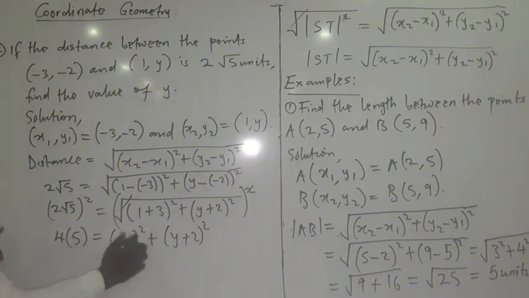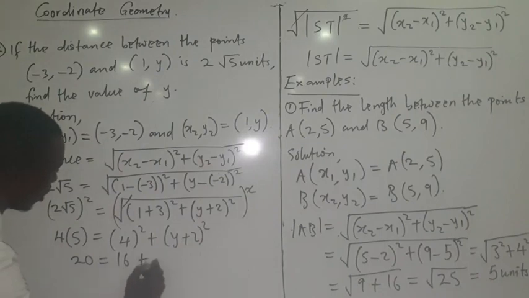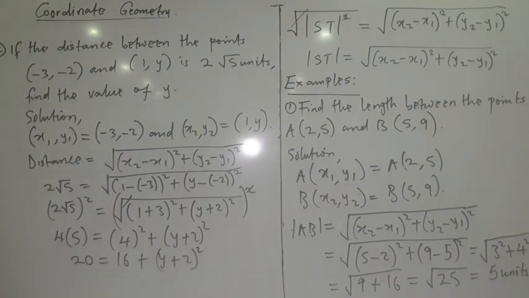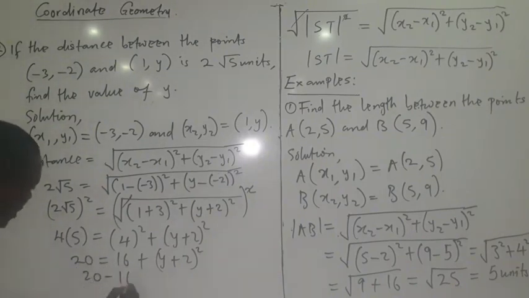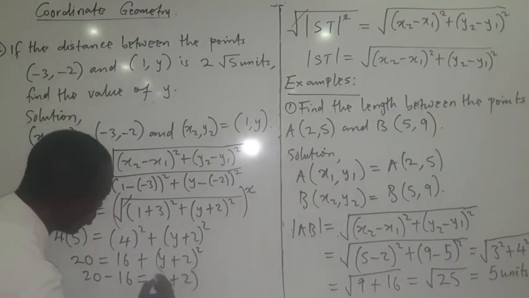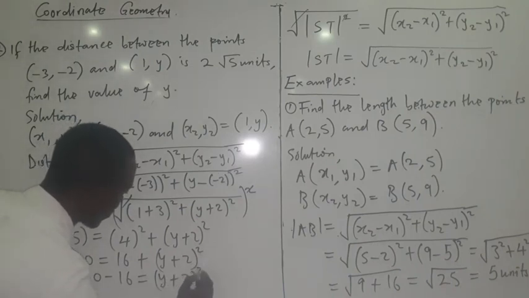Then the next thing is to simplify further. 4 times 5 is 20 equals 4 squared, that's 16, plus (y plus 2) squared. Next we collect the like terms: 20 minus 16 equals (y plus 2) squared.